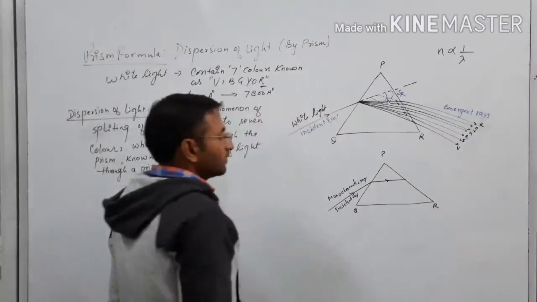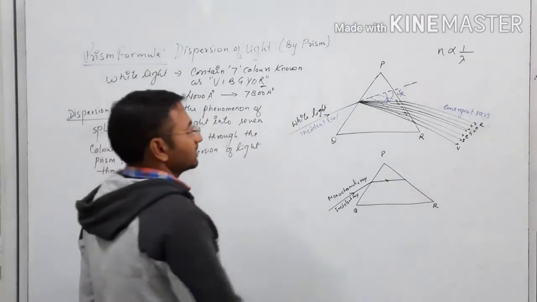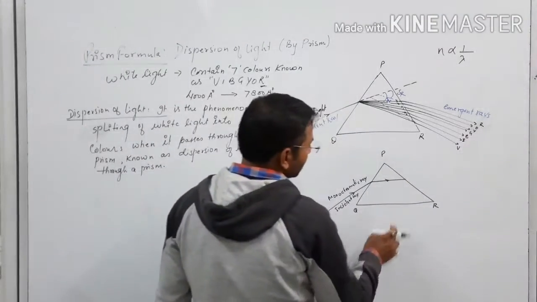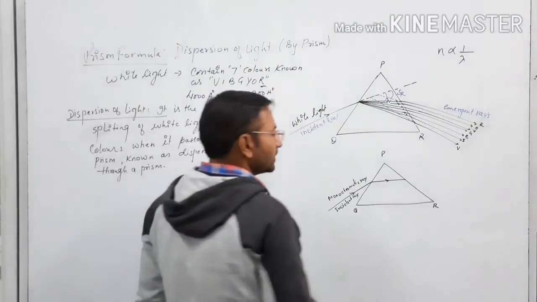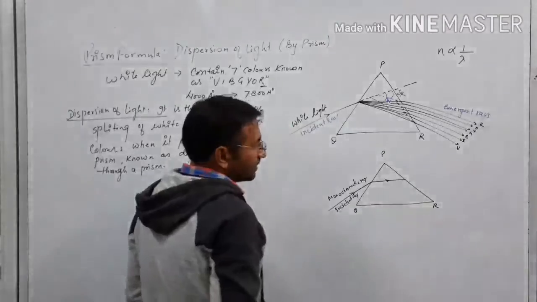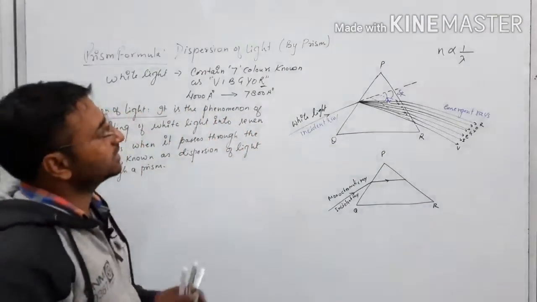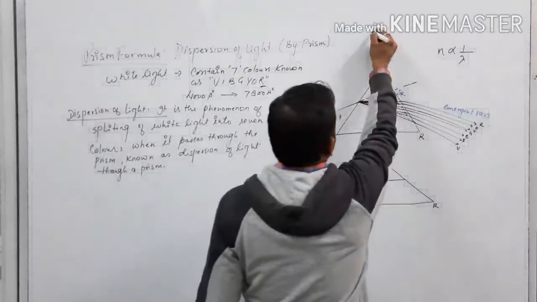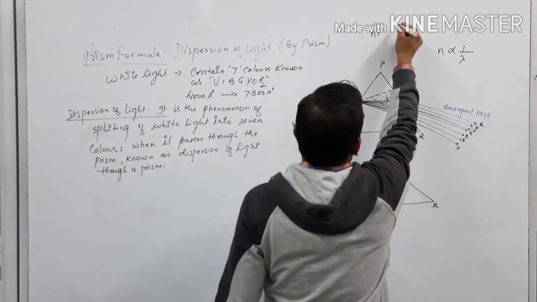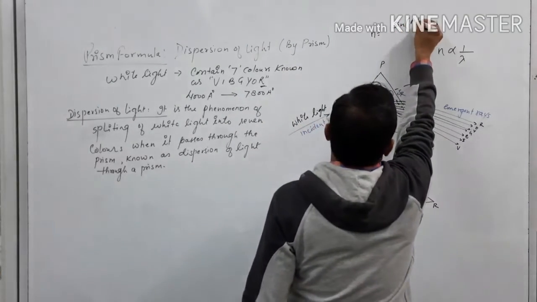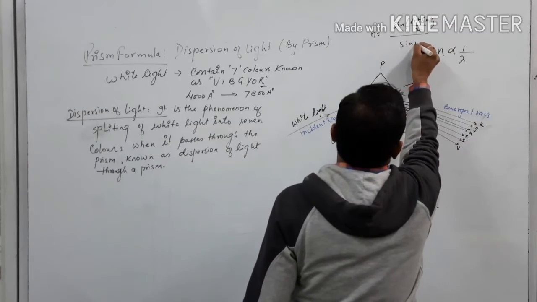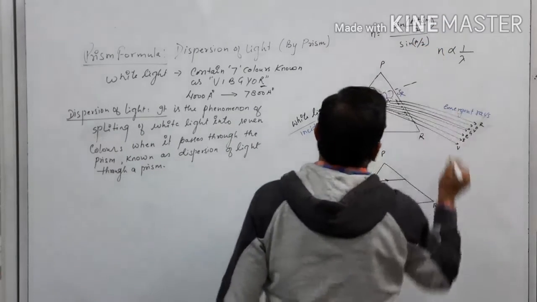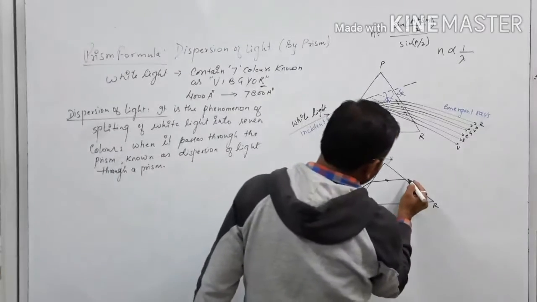This light will be parallel to the base of the prism if we are talking about the minimum angle of deviation. I will take this condition to write the relation for the refractive index of the prism, or prism formula, which is sine (A plus delta m) by 2 over sine A by 2. Point clear?